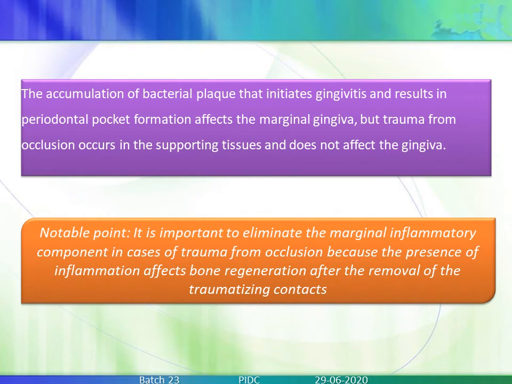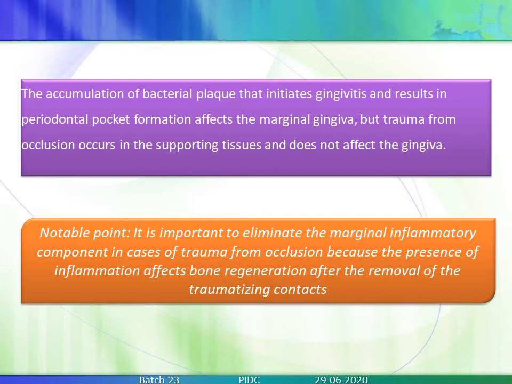These two points are a little important. The accumulation of bacterial plaque that initiates gingivitis and results in periodontal pocket formation affects the marginal gingiva, but trauma from occlusion occurs in the supporting tissues and does not affect the gingiva. Be very specific that trauma from occlusion does not cause gingivitis, nor does it arise because of gingivitis. These are separate entities.